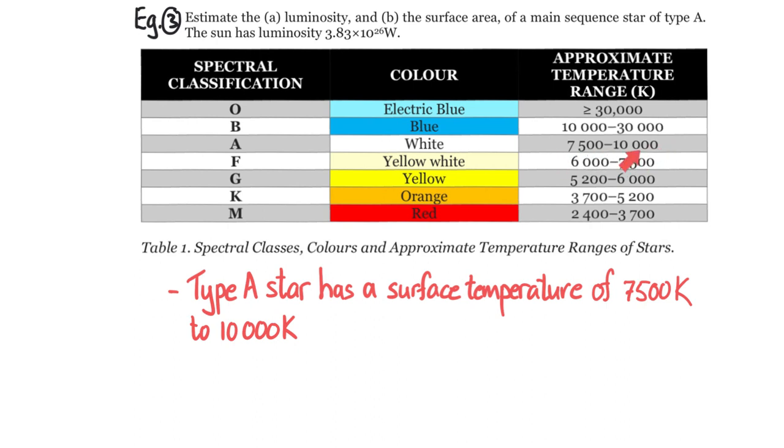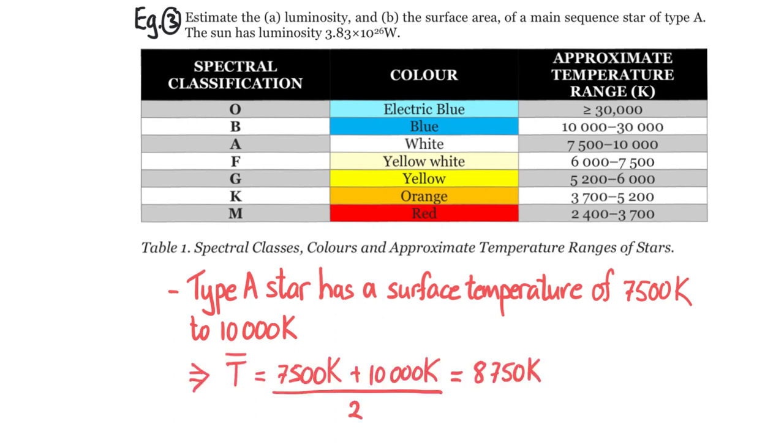That would sit in the middle of the HR diagram, between left and right. Now we can calculate the average of the lower limit and the upper limit. So 7,500 Kelvin plus 10,000 Kelvin divided by 2 gives us 8,750 Kelvin.